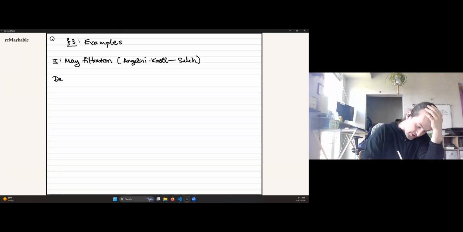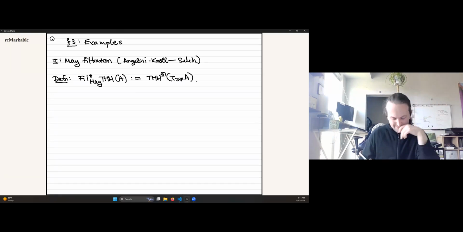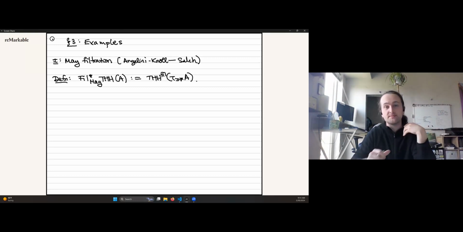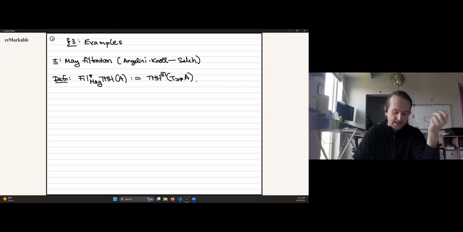So here's a definition. Given some ring spectrum A, you can define the May filtration on THH of A to be the filtered THH of the Whitehead tower of A. And right away, this seems pretty nice by all of the comparison theorems we talked about previously.